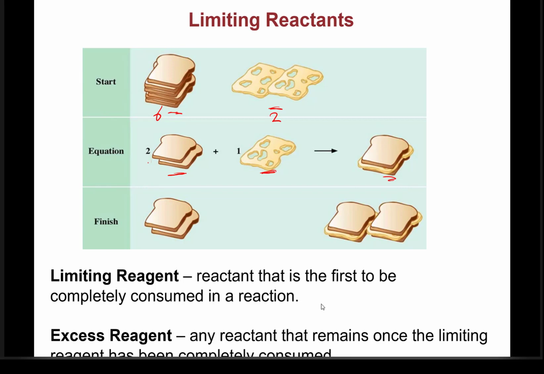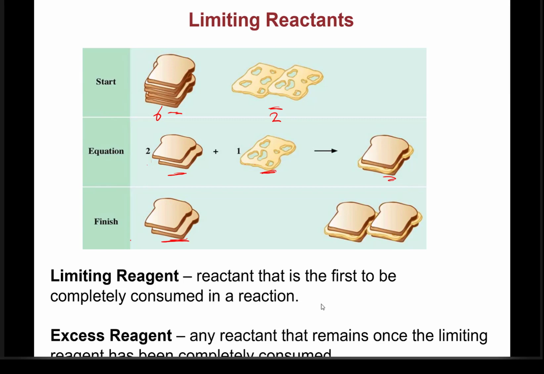You have to follow the ratio in the equation that describes the process, which is mixing each one of the cheese with 2 toast. We have 2 cheese that is going to consume 4 toast and is going to leave 2 more toast behind.